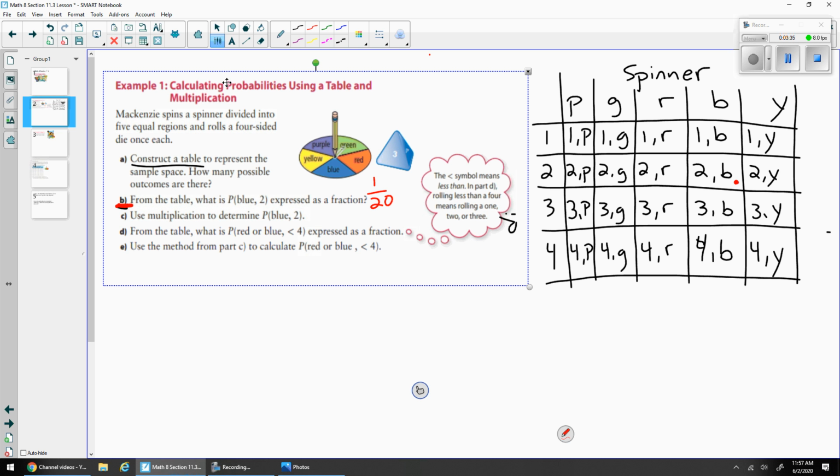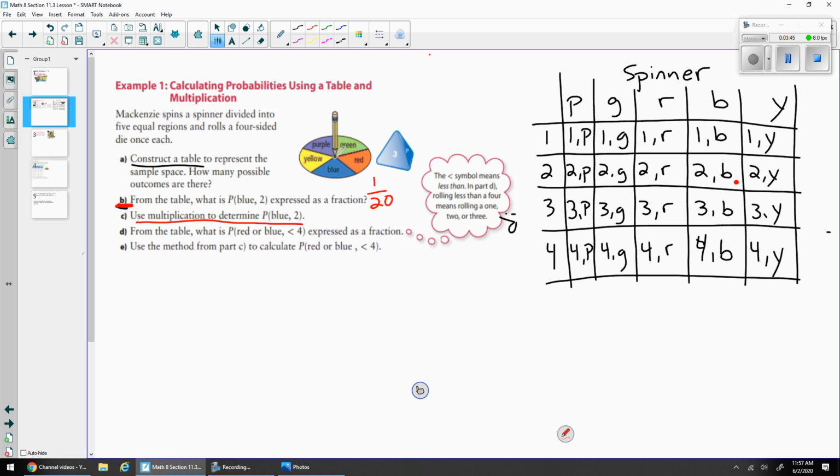So now we can also use multiplication to determine the probability of blue, comma 2. And so this is how we do it. We look at each event. So if we wanted to find, for C, probability of blue, comma 2, that's the same as the probability of blue, just that event, multiplied by the probability of getting a 2 in that event.